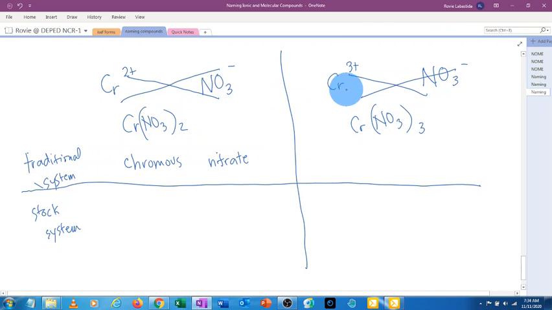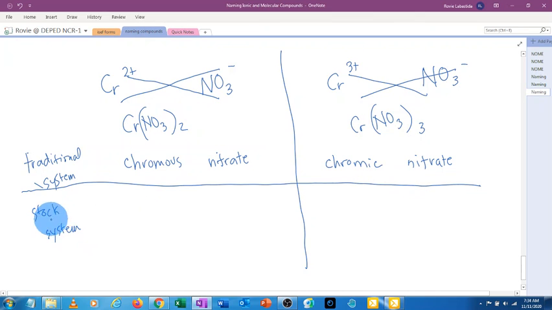For this one, since chromium here has a higher charge, so this will become chromic nitrate. So we added the "ic" suffix to the root term of the metal and then just mention the name of the polyatomic anion. So chromic nitrate.